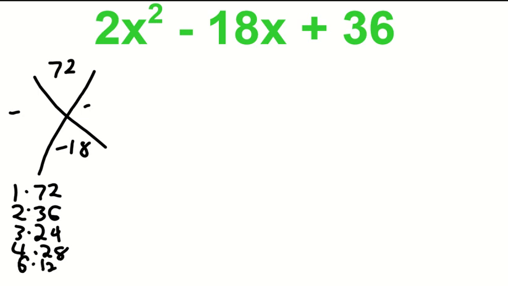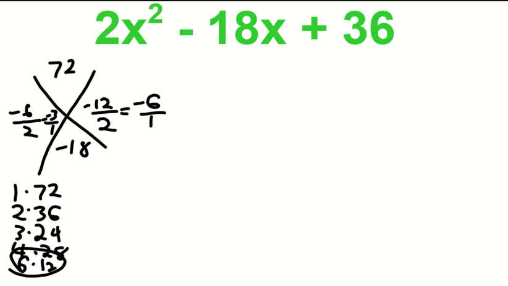And 6 and 12, I can kind of stop there. That's going to make my 18. Okay? So they're both negative. I go 6. I go 12. I divide by A. Right? So that simplifies to negative 3. We got it over 1. That simplifies to negative 6. We got it over 1.